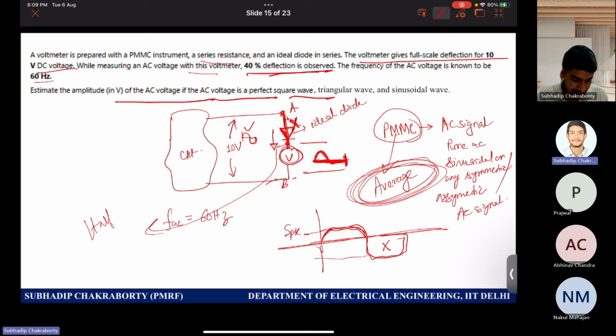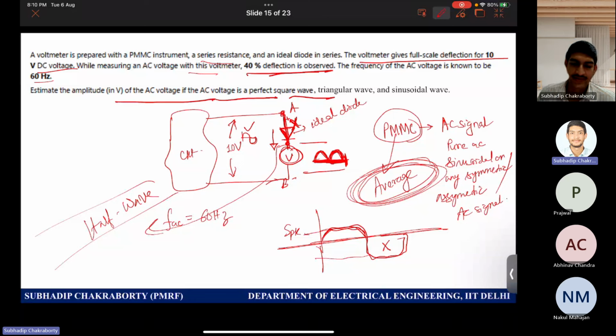Why half wave? Anyone? Because here an ideal diode is used. Yes, one diode is used, right? It is not a bridge kind of arrangement. If you had a bridge, then you can have full wave, where both the positive and negative halves are allowed, and the negative half will also appear like another lobe.